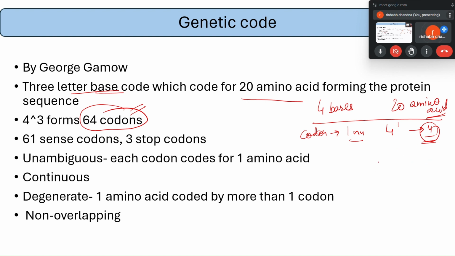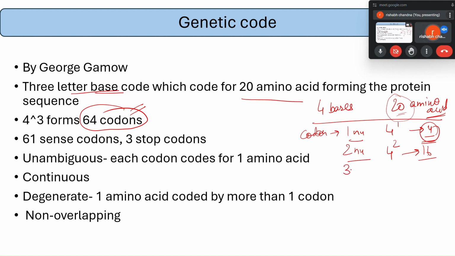If we consider two nucleotides for a codon, 4 squared, this leads to 16. The same problem happens because the number of amino acids is 20, so this number cannot fit the number of amino acids.